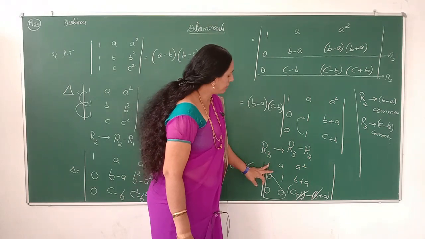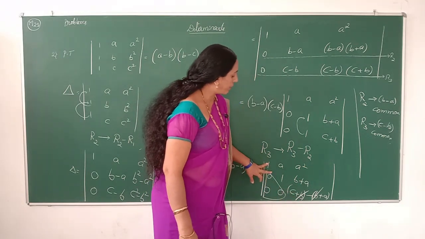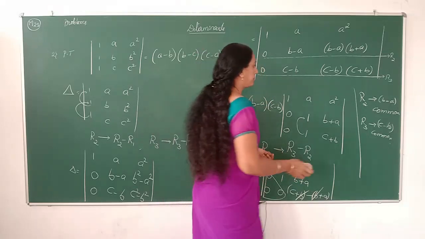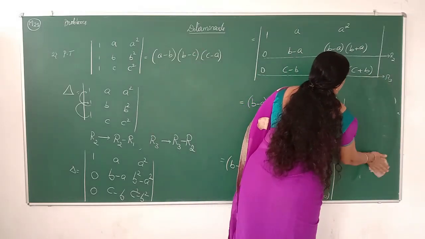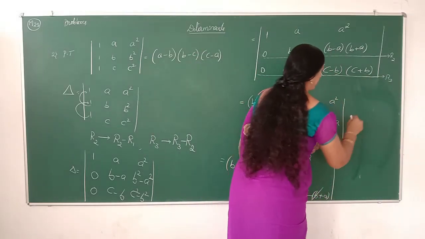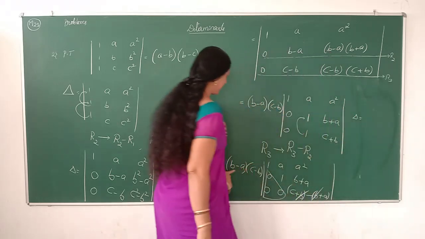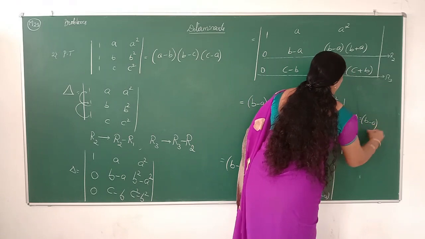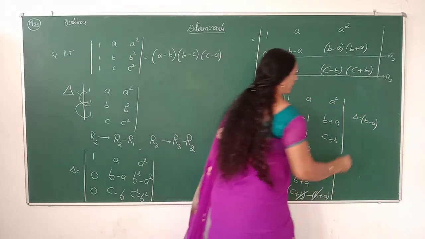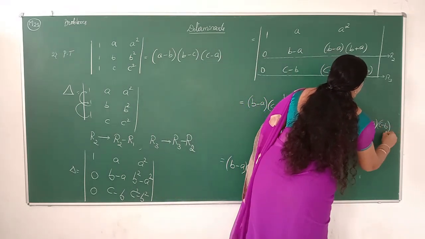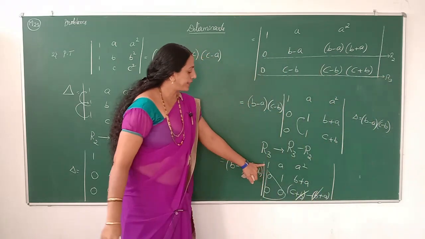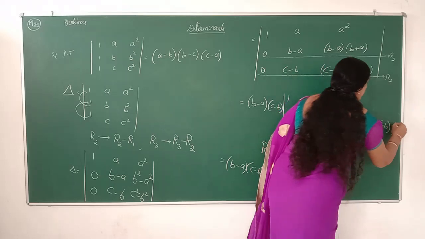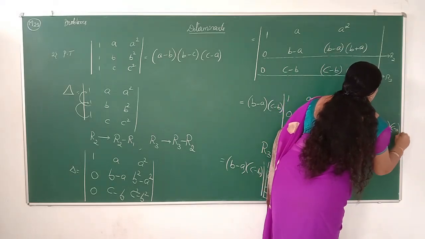But what are the elements of the principal diagonal? 1 into 1 into c minus a. So delta is equal to the common elements b minus a into c minus b into the product of the diagonal, 1 into c minus a, which is c minus a.